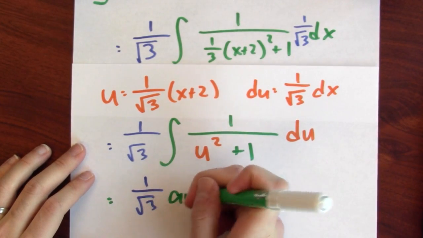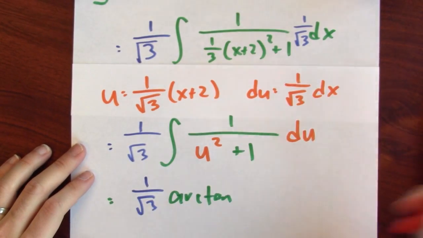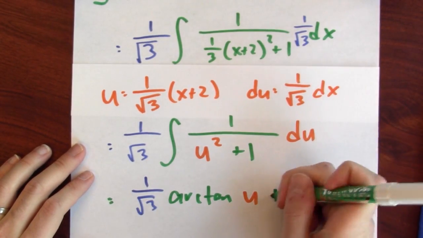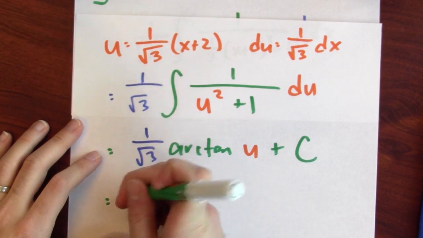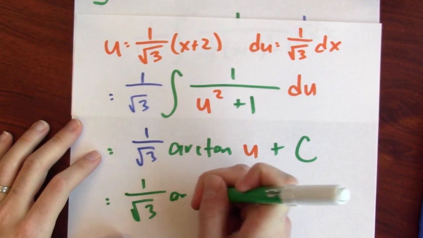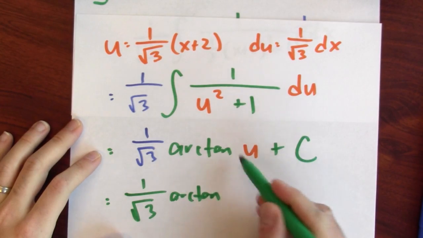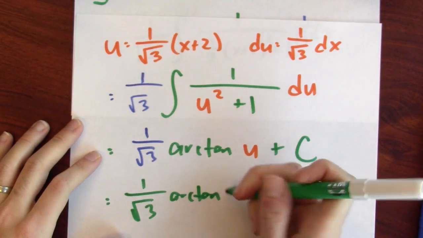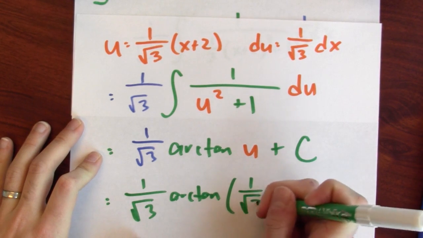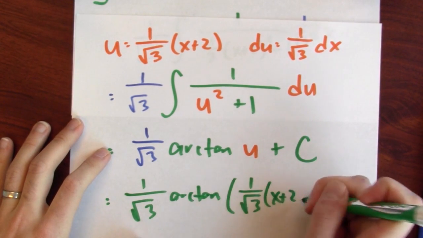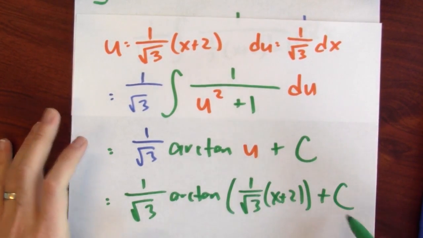Antiderivative of this is arctan u plus c. Now I just have to replace that u with its value in terms of x. So this is 1 over the square root of 3 arctan, and u here is this, so I'll write that in here for u, 1 over the square root of 3 times x plus 2 plus c.